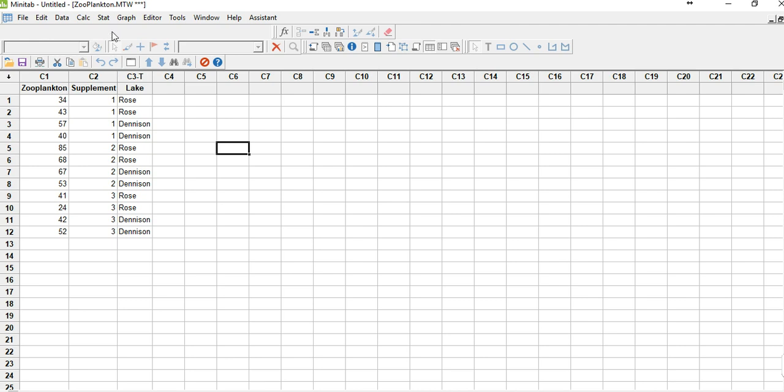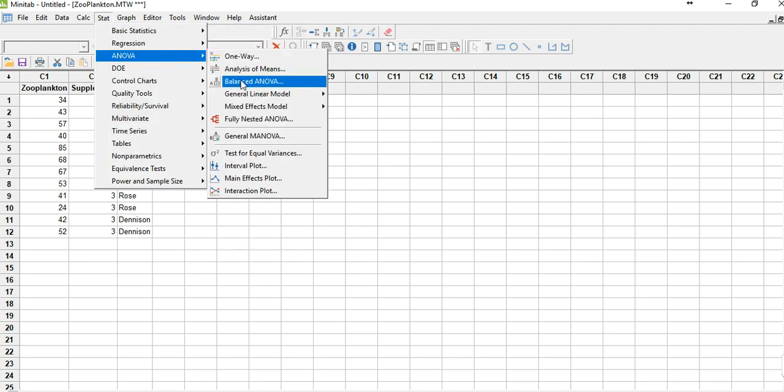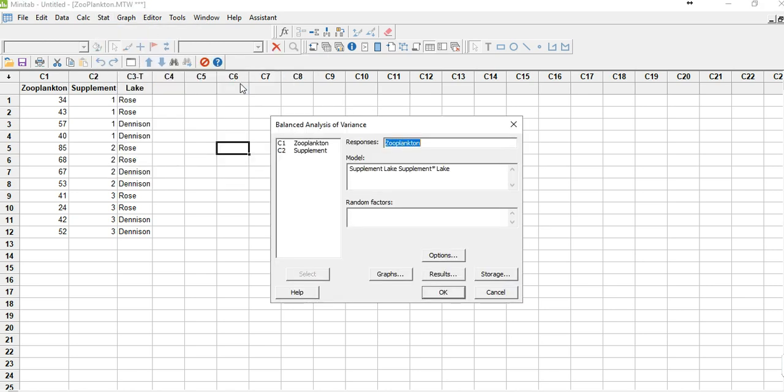Then you go to Stat, ANOVA, Balanced ANOVA. The response should be zooplankton, and then the model. The model is all the terms that you think have an effect. So supplement, and double click lake.